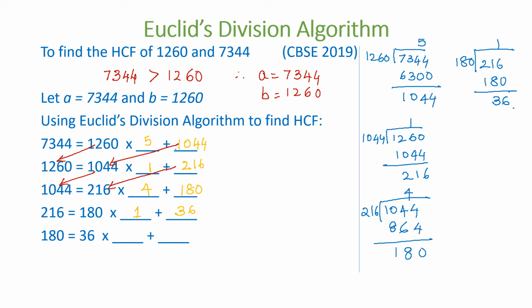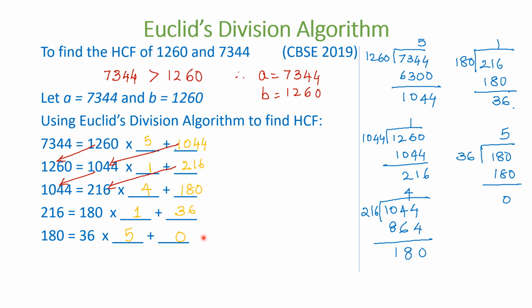Now my 180 comes here and this 36 comes here, and you will see that when I do 180 divided by 36, it goes 5 times and I'll get 180 and my remainder is equal to 0. That means over here this is going to be 5 plus my remainder is going to be equal to 0. And therefore at this point I stop.